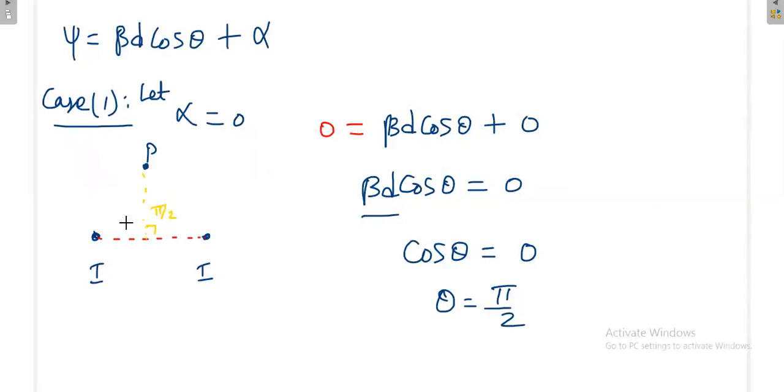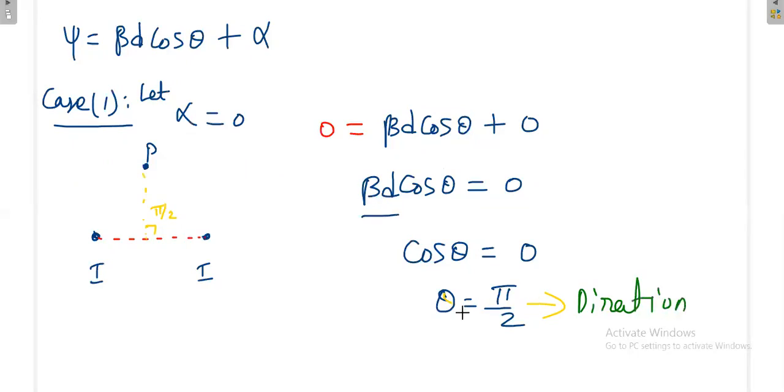Then what is happening? When you choose alpha equal to 0, and you are exciting the two antennas with the same current without any phase difference, then your maximum radiation is perpendicular to the array axis. This is the direction of maximum radiation.